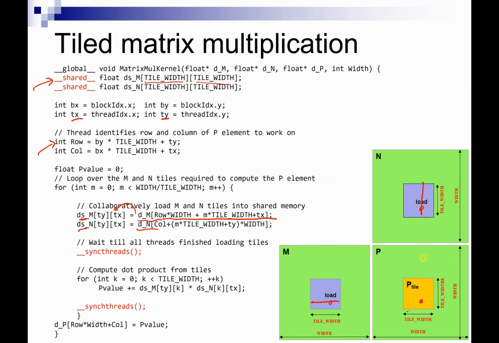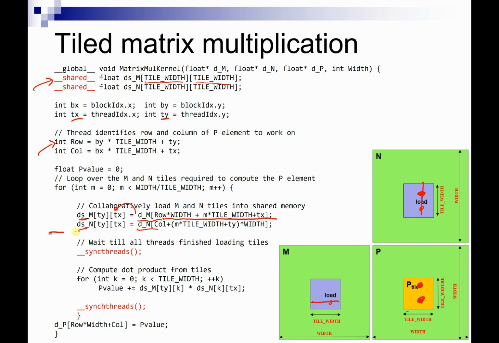But for this value over here, who's loading that value? It's going to be this guy. What if this guy hasn't finished loading this value yet? Then the thread over here cannot do its computation. So this thread needs to make sure that this other thread has finished loading this piece of data. Now how do we do that? Well, we need the threads in this thread block to synchronize with each other.